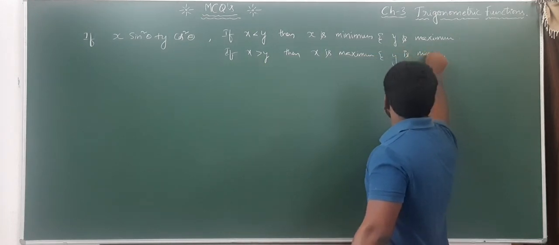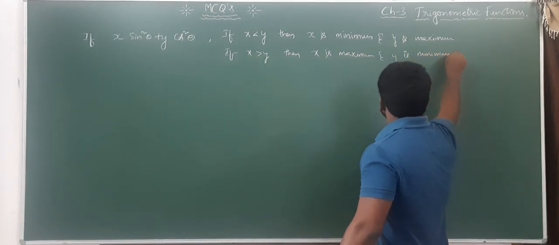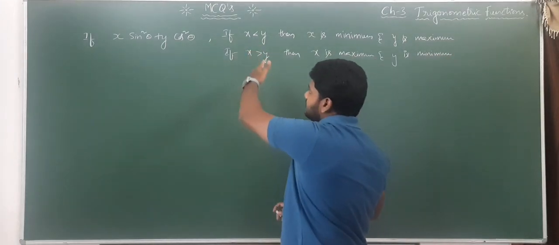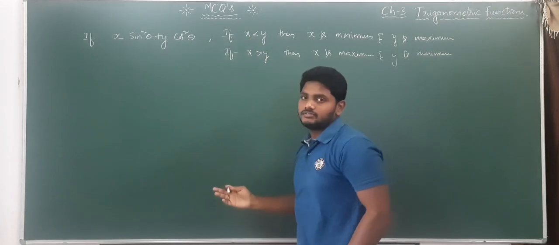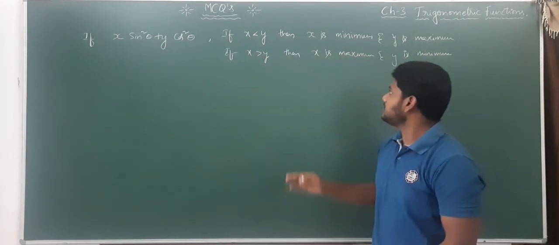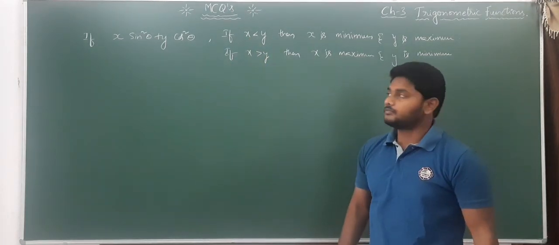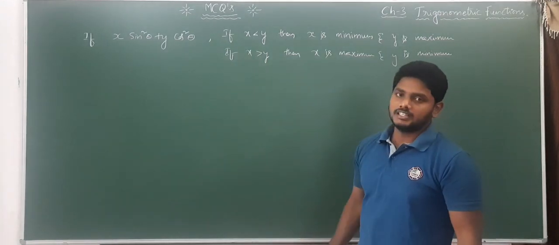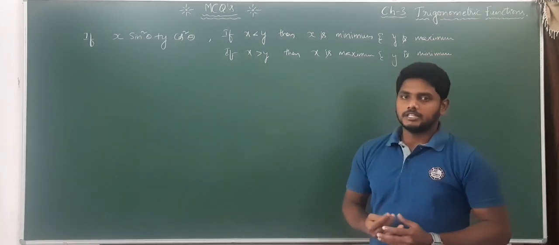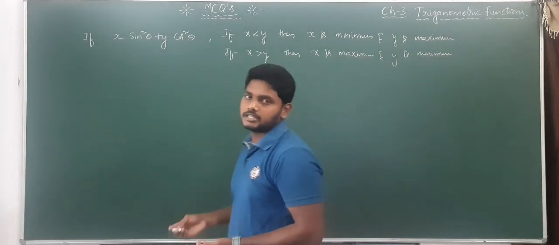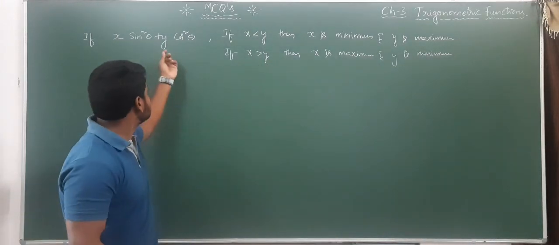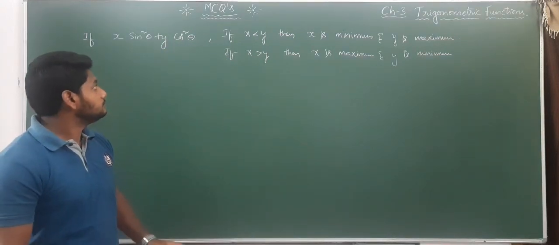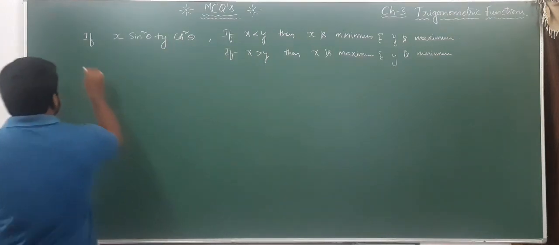So remember, these two inequalities simply mean that whichever value is smaller will be the minimum value, and whichever is larger will be the maximum value. If x is maximum, then y is the minimum value. So this is about the first form.